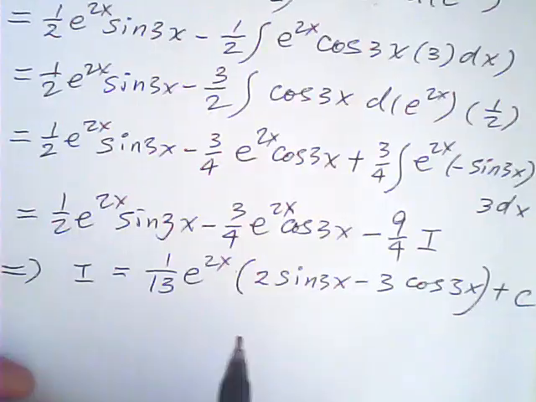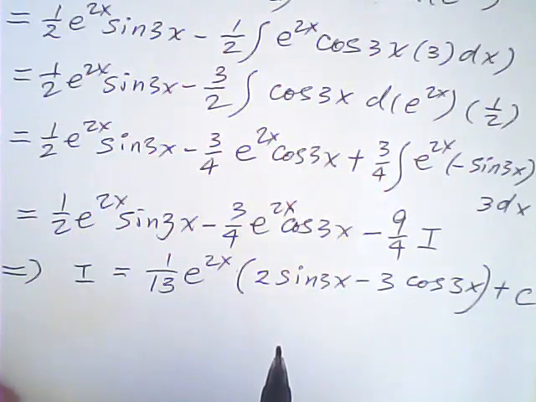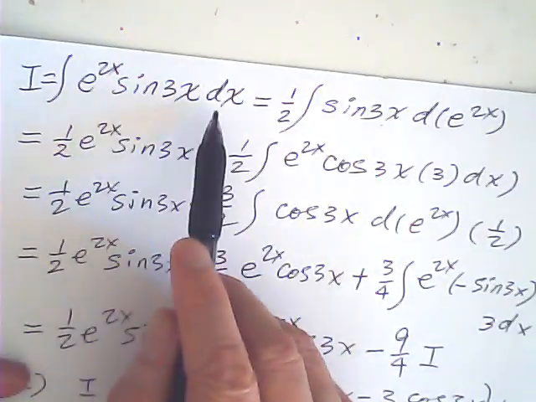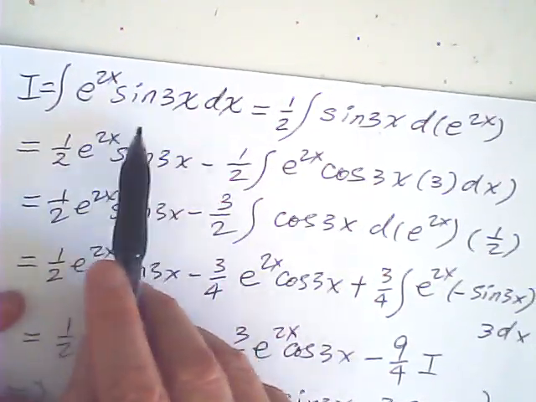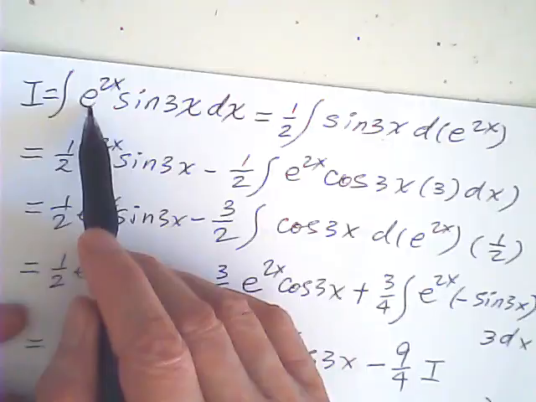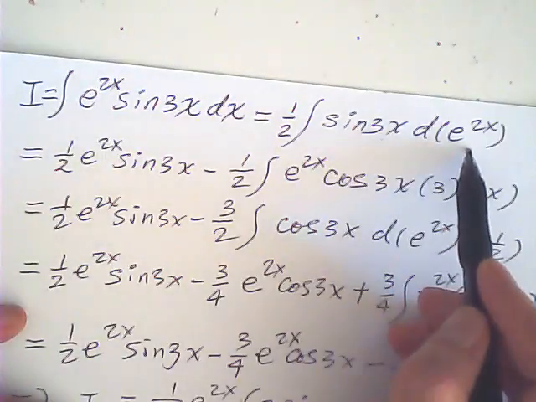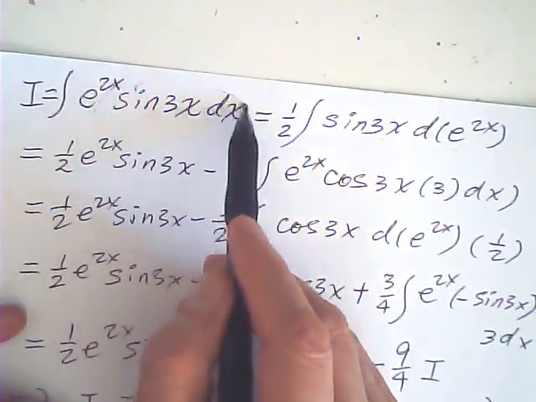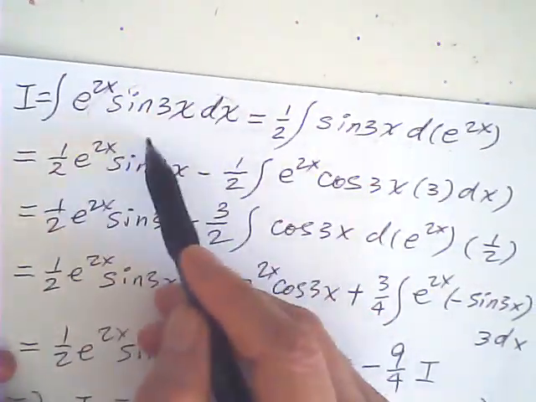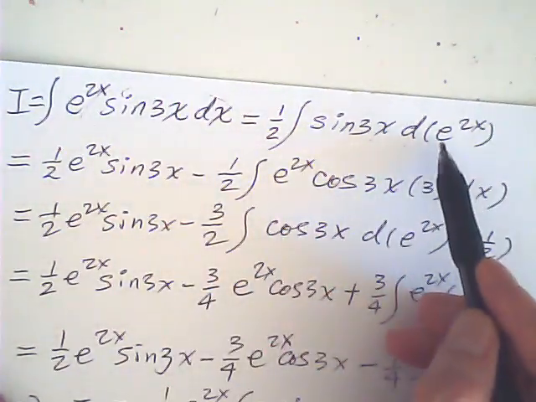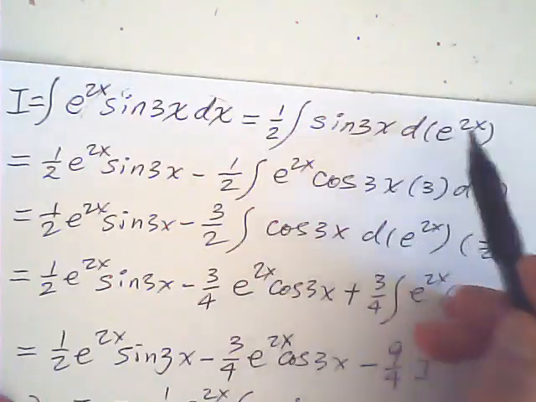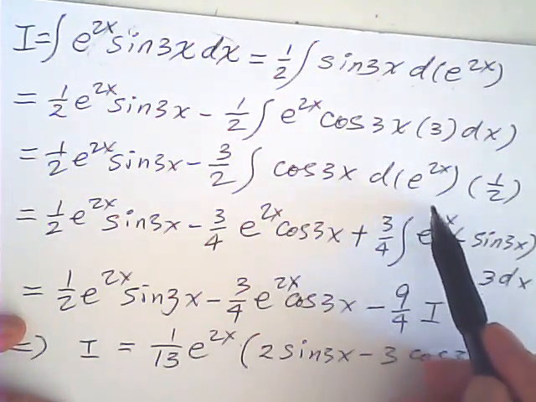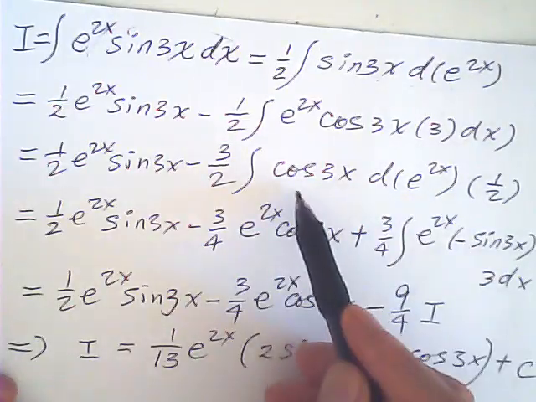Okay, now look, I want to say something here. When you start by parts, I can choose this one as my dv. Also, I can choose this one as dv. But once you choose this as a dv, then next time you have to keep it that way. You cannot change it.